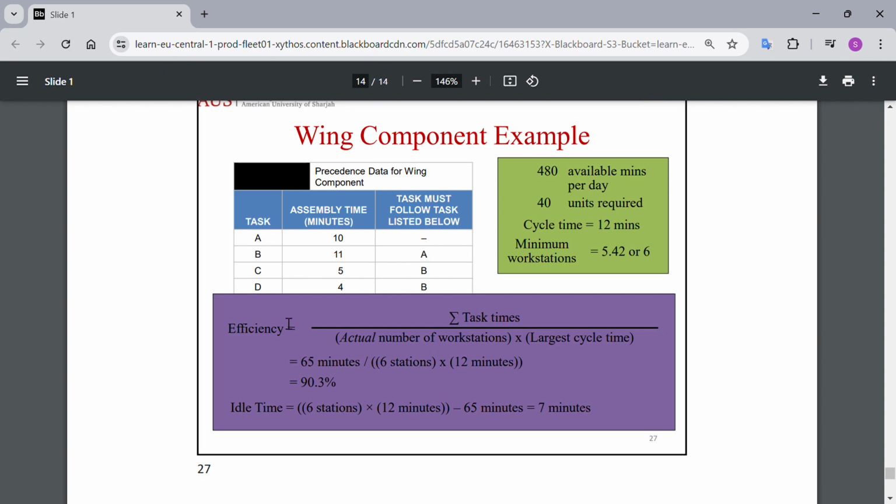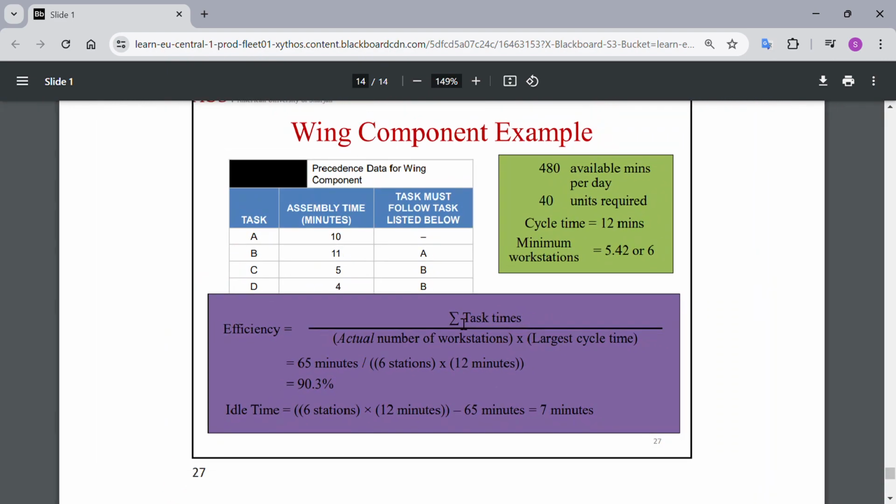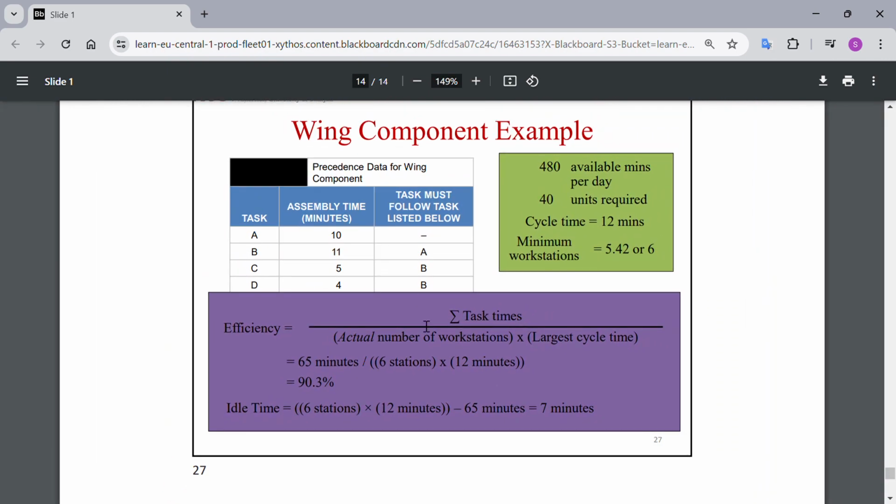The efficiency is basically the sum of task times over the actual number of workstations times the largest cycle time. Here the sum of the times for all the tasks is 65, divided by the actual number of workstations, which is 6, multiplied by 12, the largest cycle time.